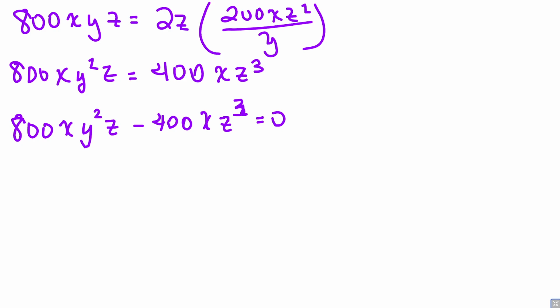Factor out 400xz. If I factor out a 400xz, I'm going to be left with 2y squared minus z squared equal to 0.